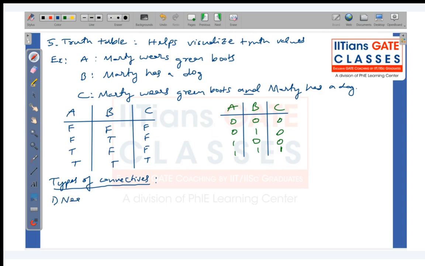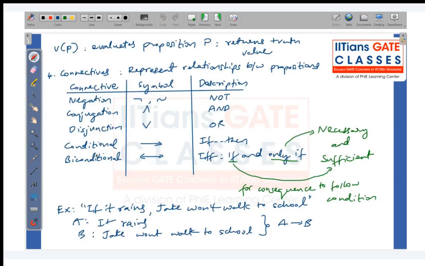First one I'll take is negation. So I think I can ask one question. We've listed all the connectives over here, right? How is negation different from all the remaining 4? Negation is on one side.